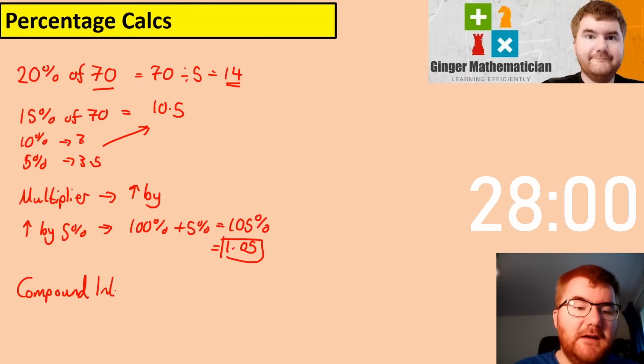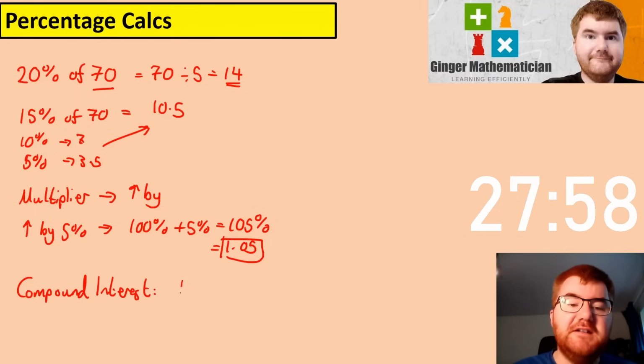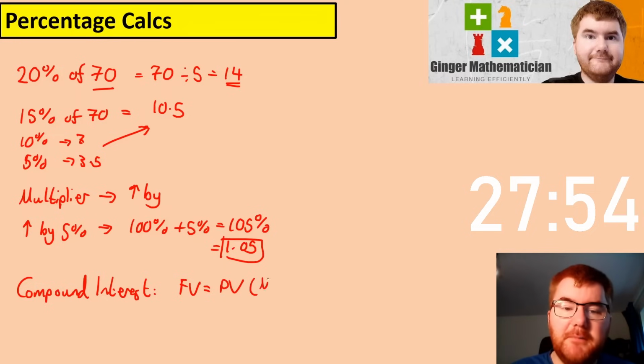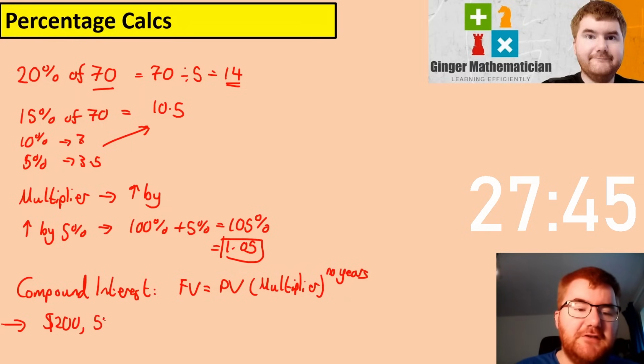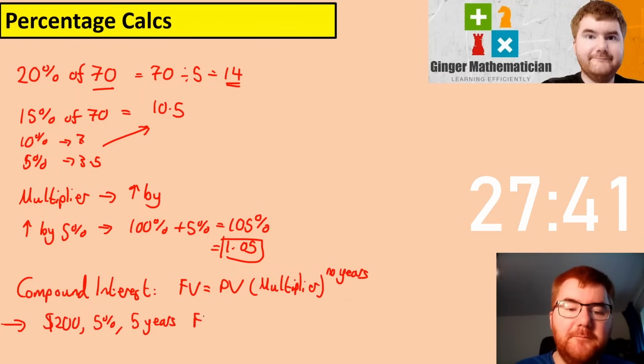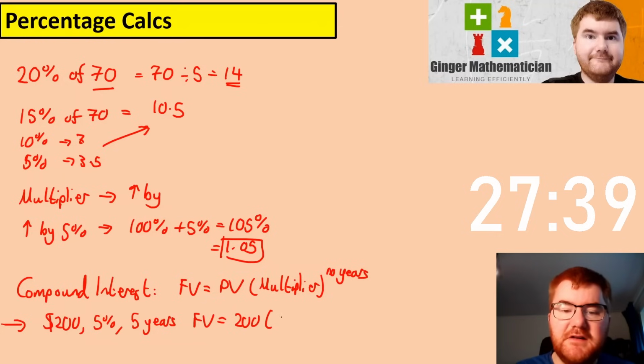This is a formula you just need to learn, which I write as final value is present value multiplied by the multiplier raised to the number of years. So for example, if I have $200 and we have 5% interest and it's over 5 years, to work out the final value, we need to do 200 times 1.05 to the power of 5.